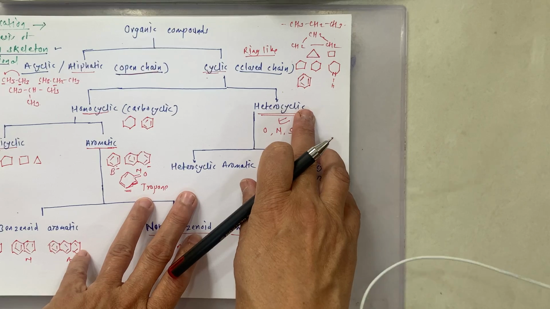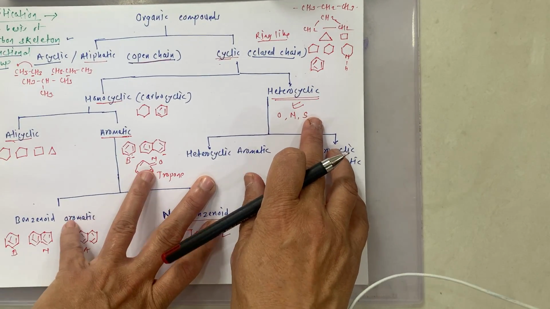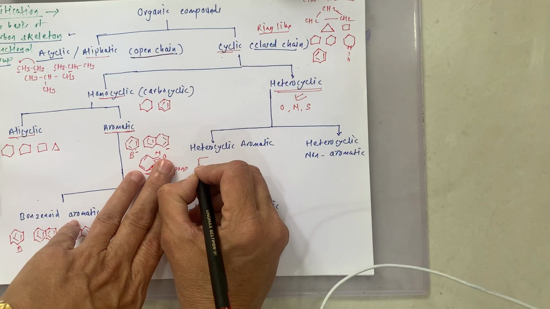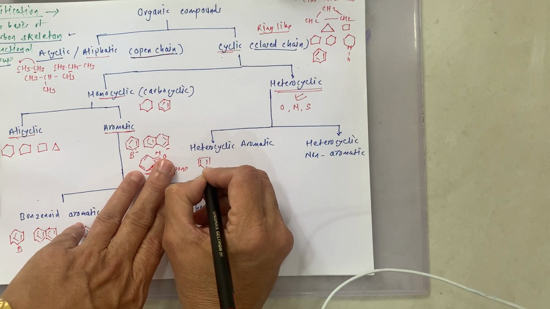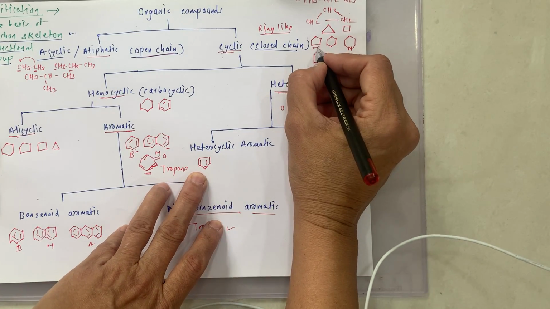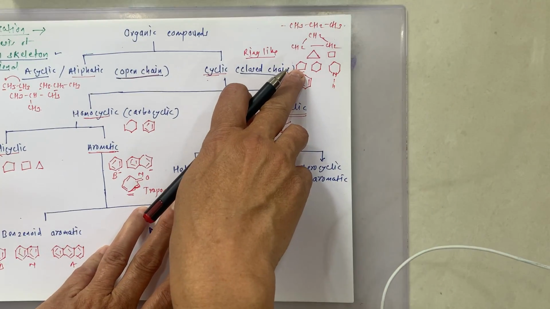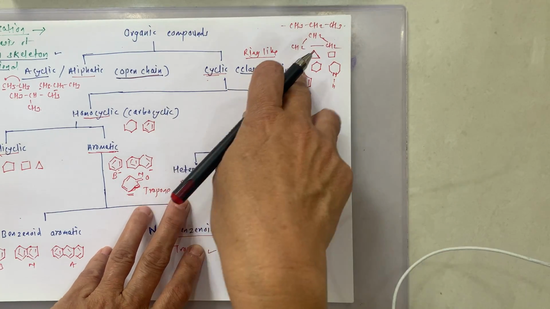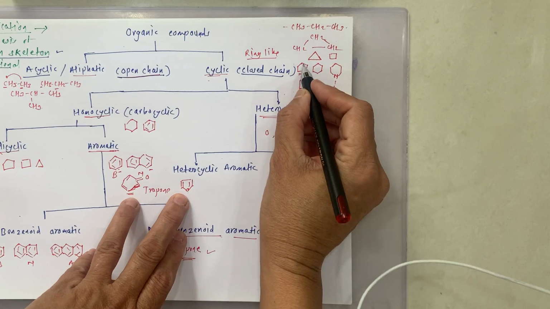When we think about heterocyclic compounds, if the compound is like this, oxygen is there, this is a derivative of this pentagon, that is cyclopentane. What is the difference between these two?